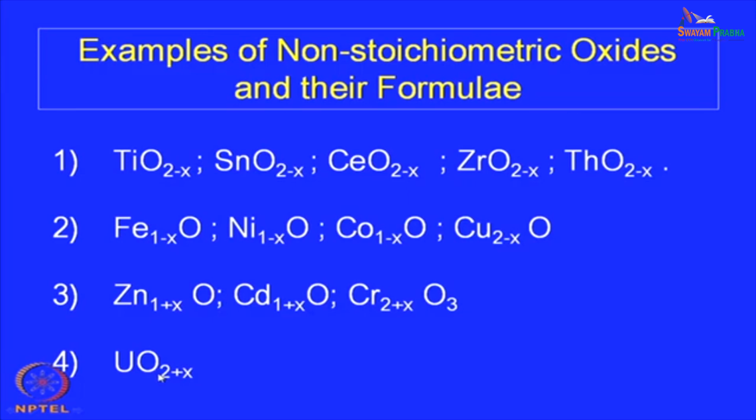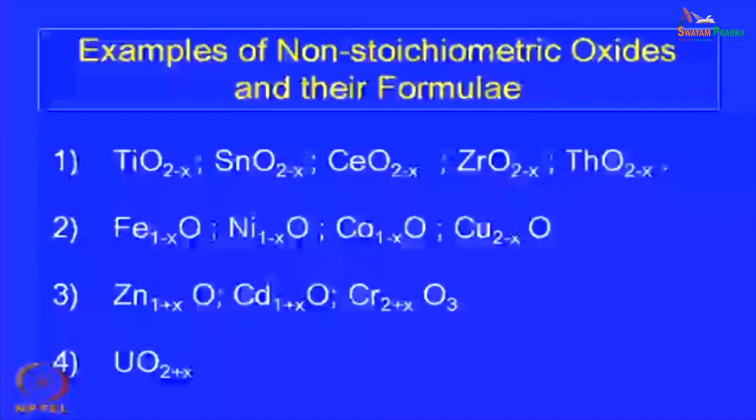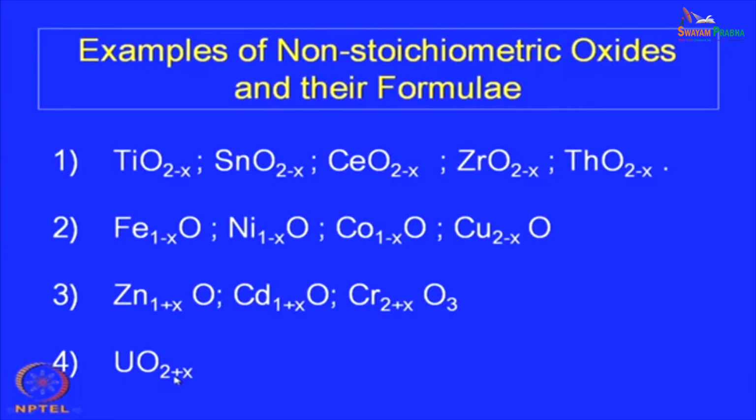As I mentioned a few minutes back, having oxygen interstitials in any oxide structure is very difficult, because metal ions are much smaller and can go easily to the interstitial site, but for oxygen, going to the interstitial site is energetically not so favorable. But even then you have one example where oxygen does go into the interstitial site.